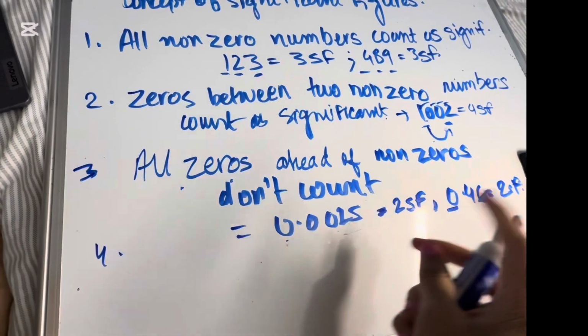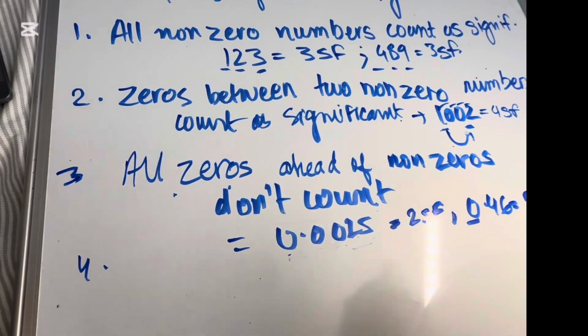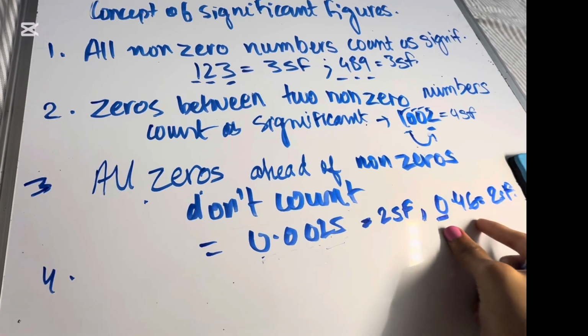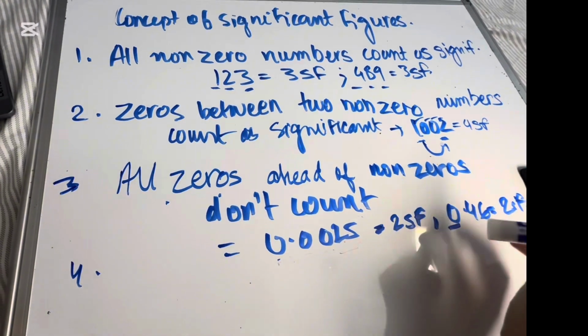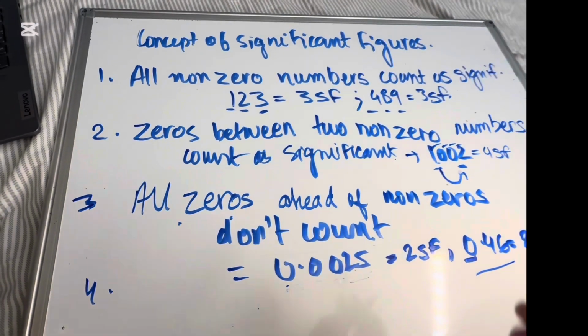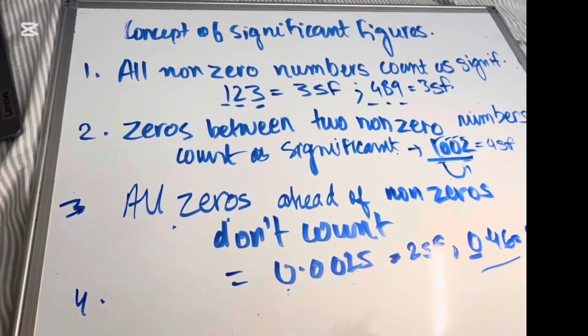Thirdly, all zeros ahead of non-zeros will not count. So we have 0.46, which has 2 significant figures. When there is a decimal, you just have to pay a little more attention, but when there is no decimal, it should be very clear to you.